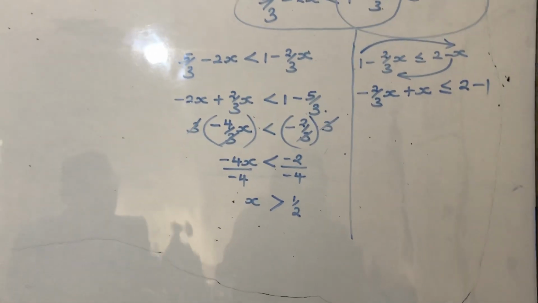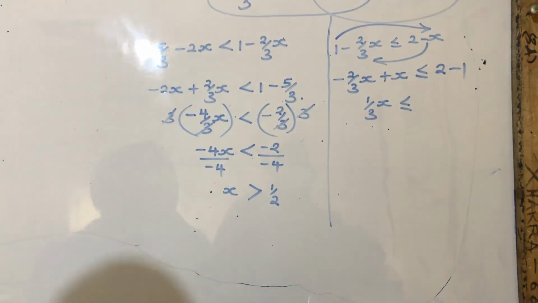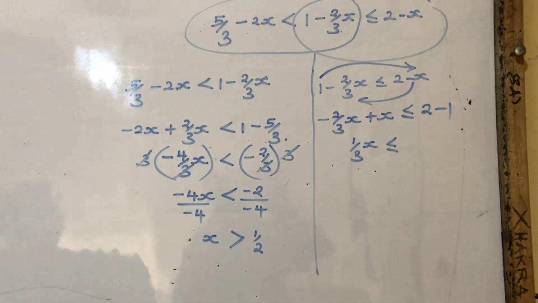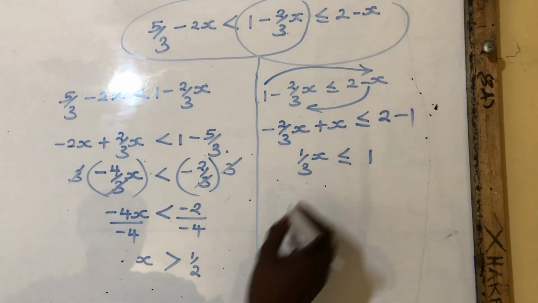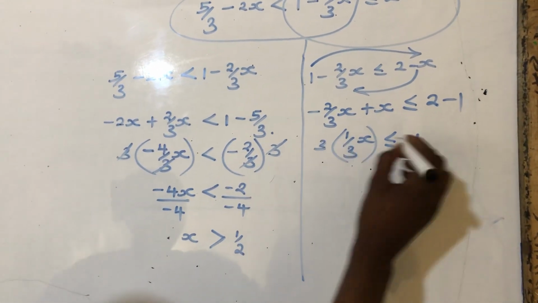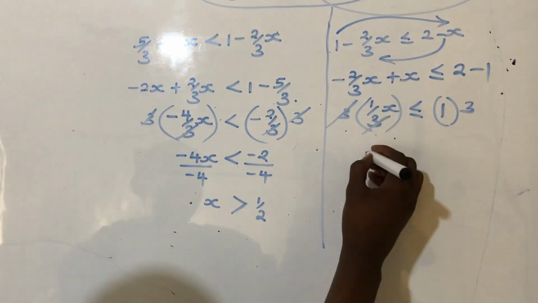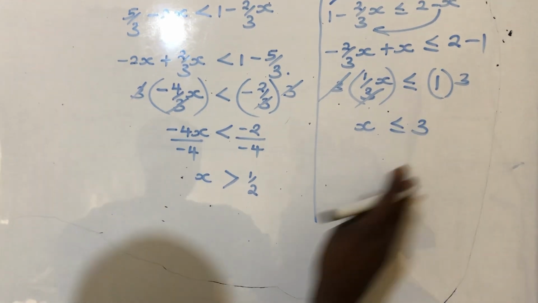Negative 2 over 3 of x plus x should give us positive 1 all over 3 of x, and 2 minus 1 should give us 1. Like we did for the other one, let's multiply both sides by 3 to eliminate this fraction. These two will cancel out, giving us x is less than or equal to 3.